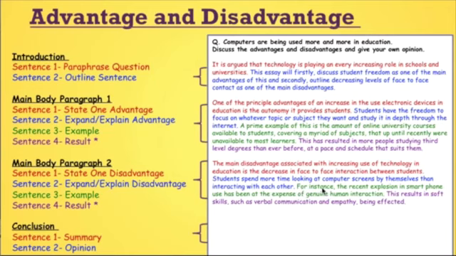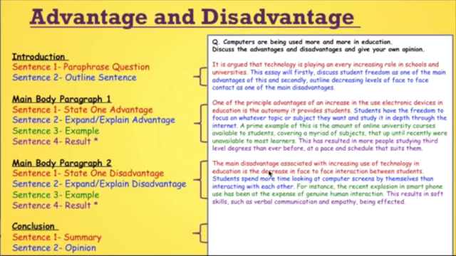For instance, the recent explosion in smartphone use has been at the expense of genuine human interaction. This is your example. And then you say what it has resulted in. This results in soft skills such as verbal communication and empathy being affected.